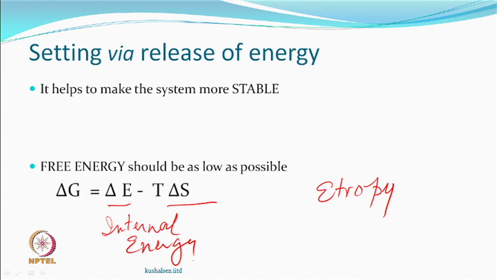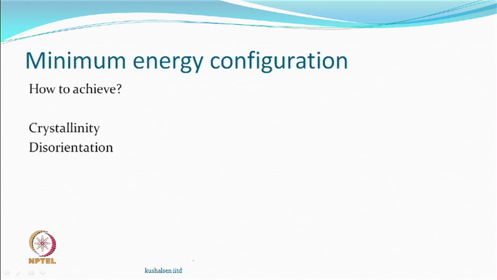So, how do we achieve our goals? We have to go to what we call a minimum energy configuration. A fiber is made of a large number of polymer molecules, and we have understood why a polymer molecule is required and what characteristics it should have. The molecule is there and we believe there is a fiber forming polymer like polyester or nylon or polypropylene.